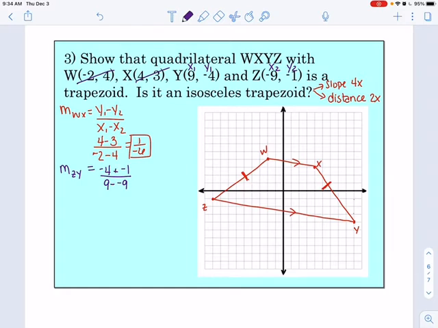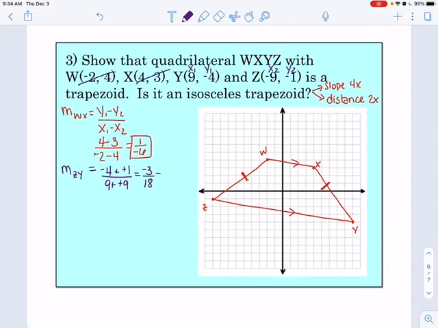So again, when we do keep, change, change, on the top, we should get an answer of negative 3. And on the bottom, keep, change, change, I'll get an answer of 18. Don't forget I can reduce here. 3 is a factor of both 3 and 18. 3 goes into 3 once, so my top will be a negative 1. And 3 goes into 18 6 times, so the slope of that line is negative 1/6. Again, it doesn't matter where the negative sign is in the fraction. Negative 1 over 6 is the same thing as 1 over negative 6.